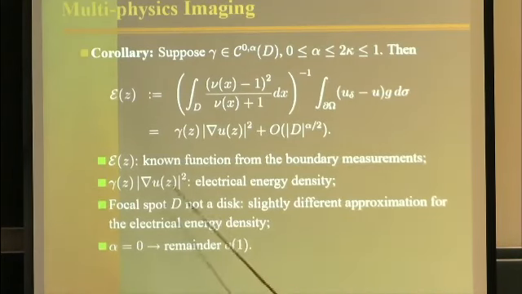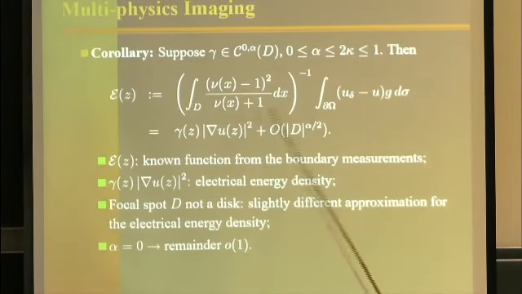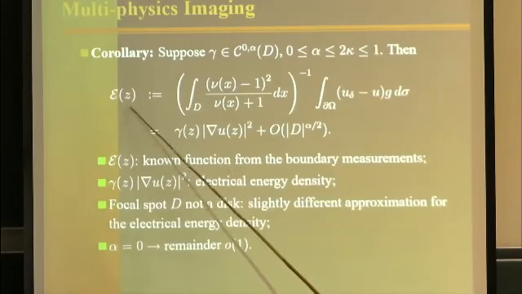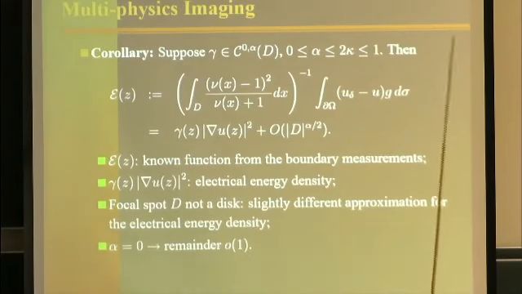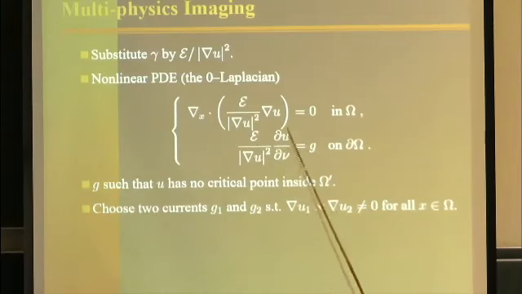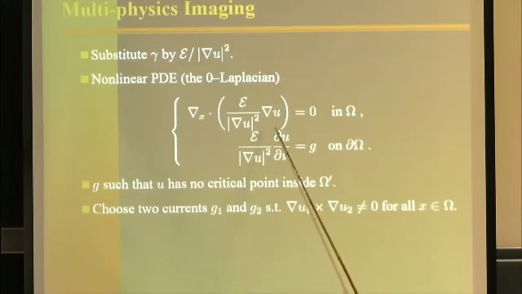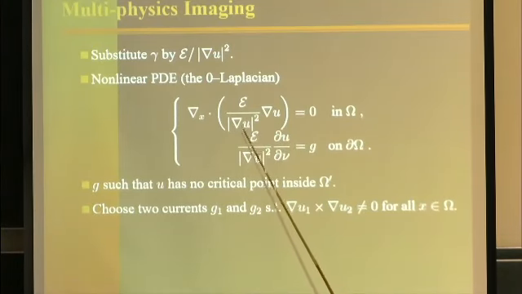You can do it also for the Helmholtz equation. So then you have the choice. Either you substitute gamma by the electric energy over gradient u squared, and you end up with this zero Laplacian, and from here you have to solve it, but there is no way to solve it other than in an iterative way.